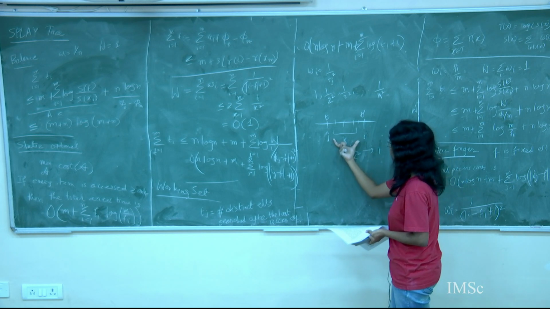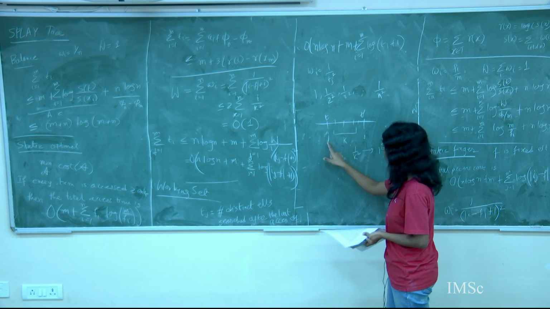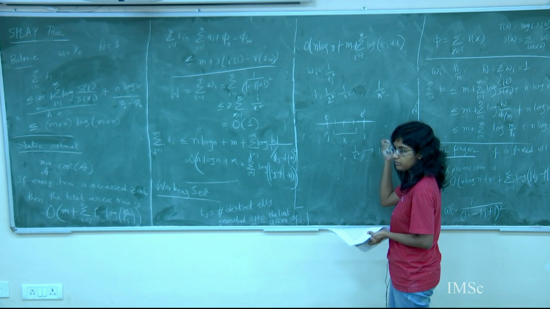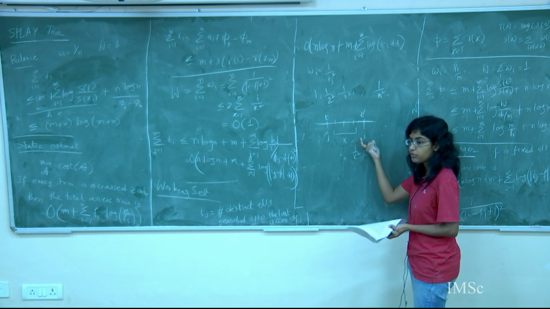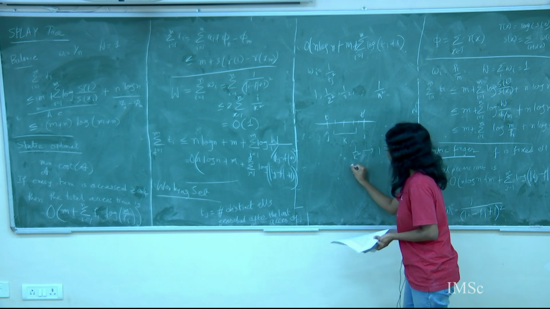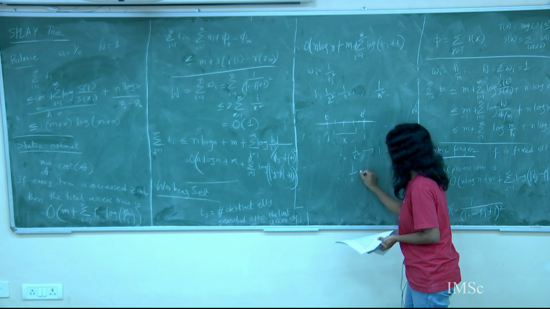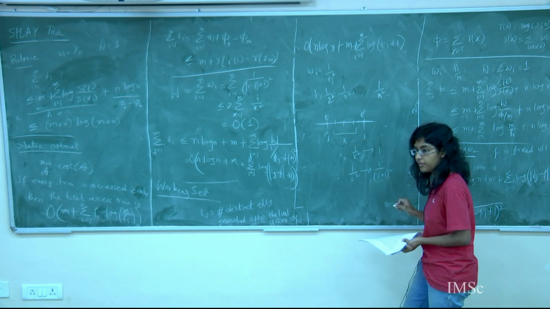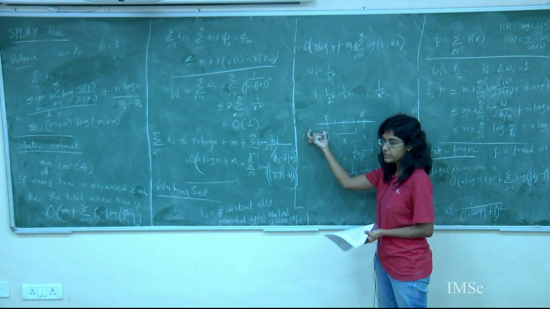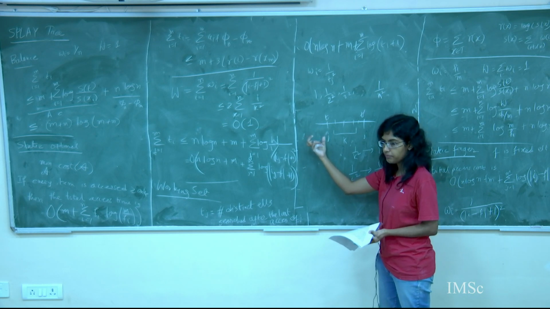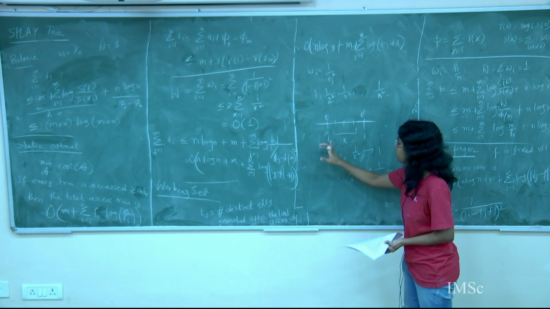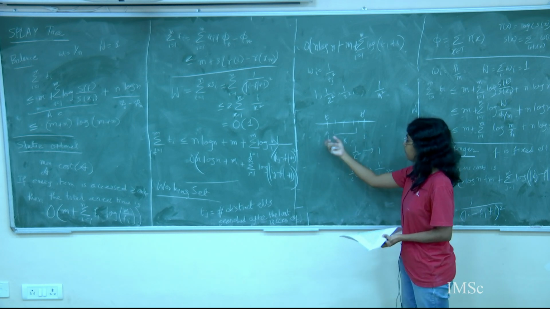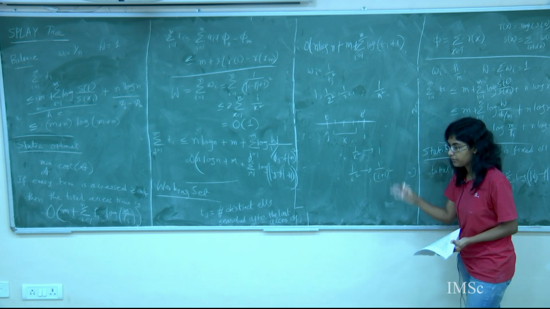And for all the elements in between, one more element has been seen before their next access. So if their value was 1 by i, that should be changed to 1 by i plus 1, right? And whatever was before this j, their value should remain the same, because j was after them before as well, and now also j is after them, so everything after them before their next access is there.